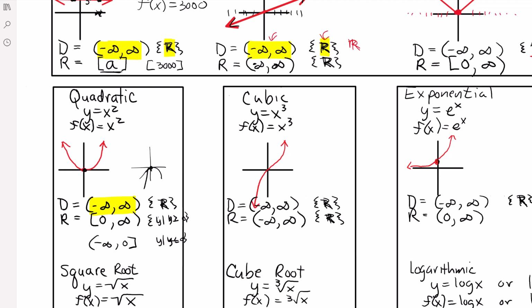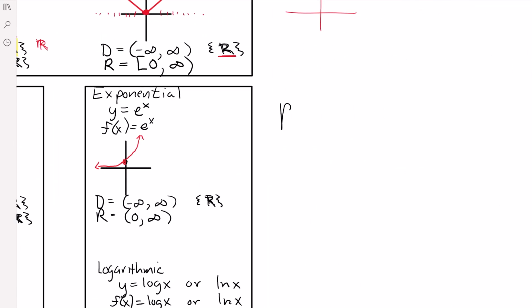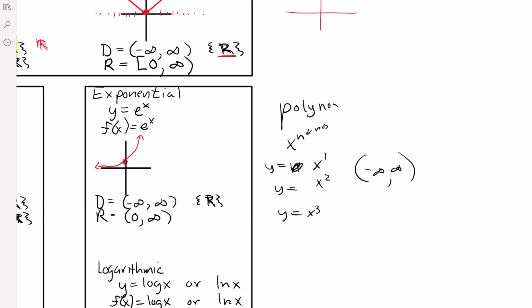So the most important thing to remember is that for all polynomials, so any x to the positive integer, so x to the first, this is linear, this is quadratic, cubic, etc., the domain always will be negative infinity to positive infinity.